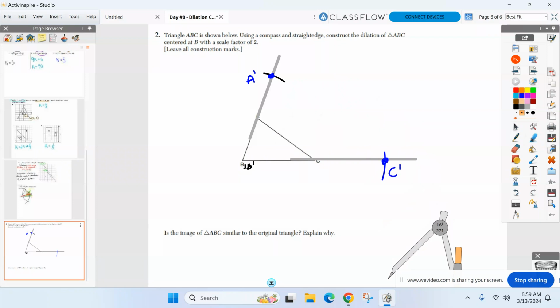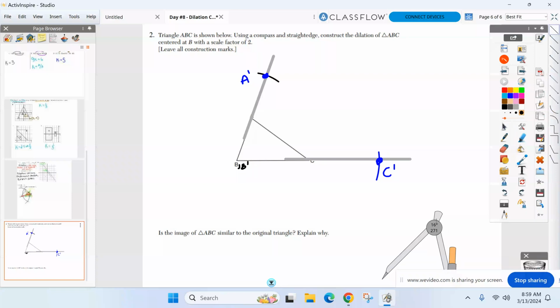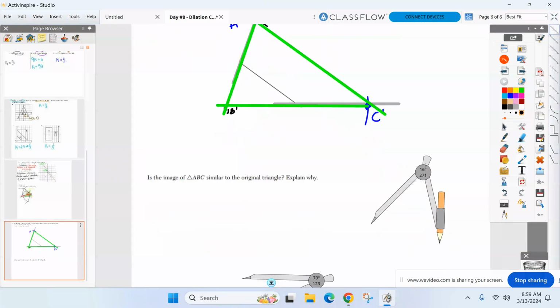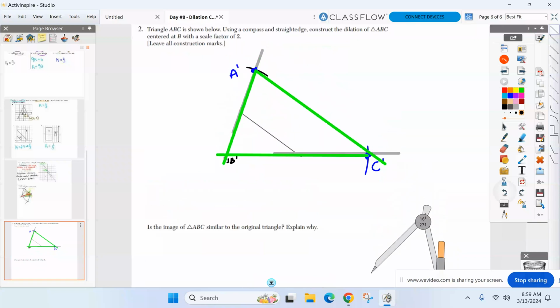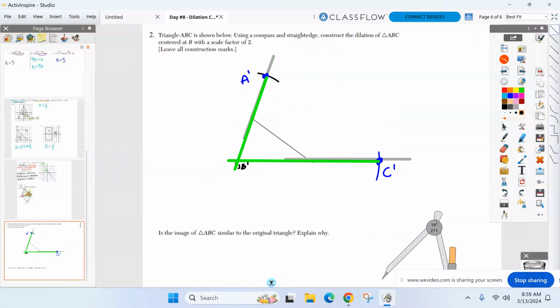And go ahead and use your straight edge to make the bigger triangle that's been dilated by 2. B stays right where it is because that was the center. Remains invariant.